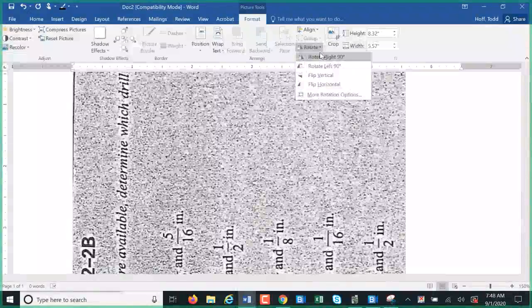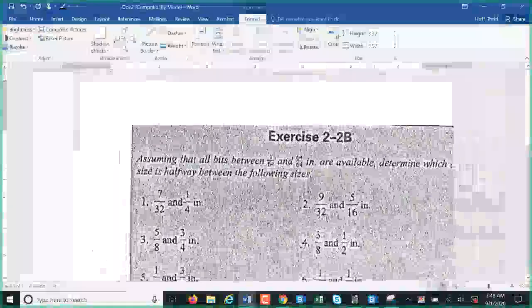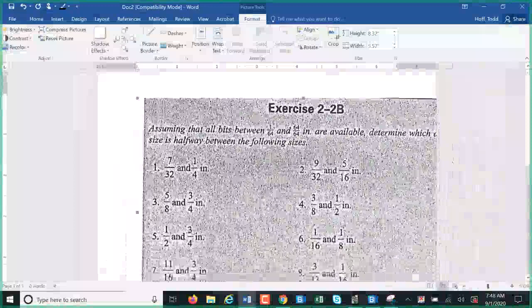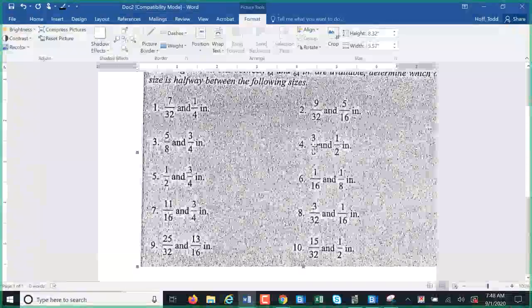There. Let's get it rotated correctly here. Okay, so what we're looking at here is tool sizes or drill sizes.